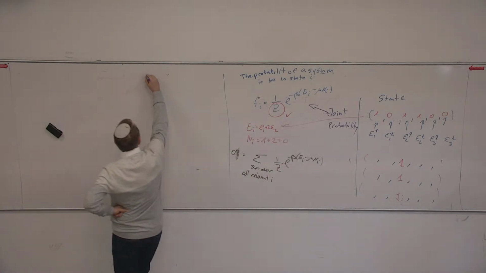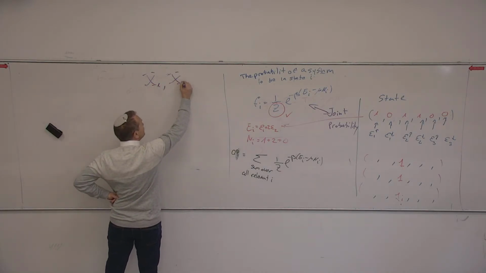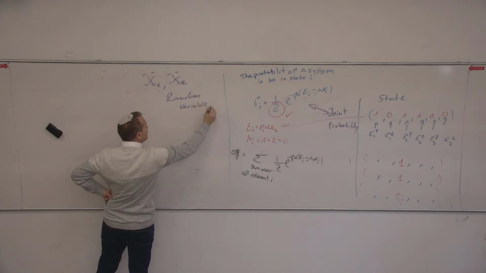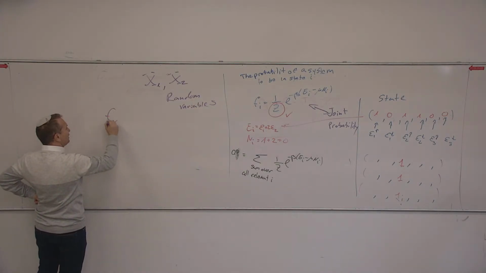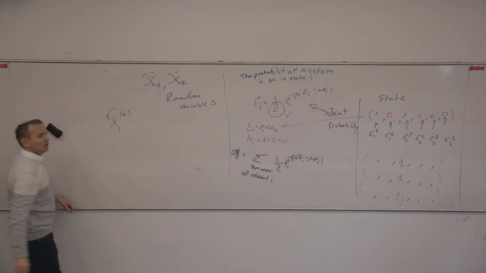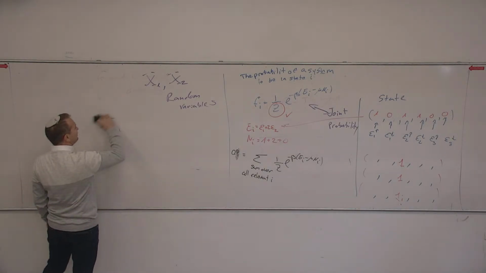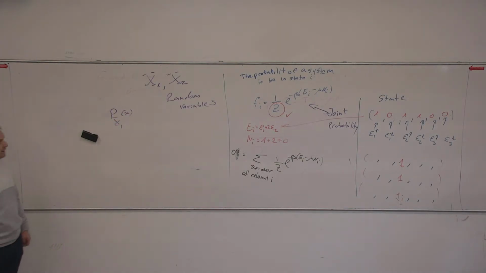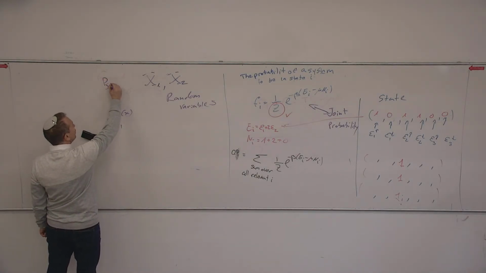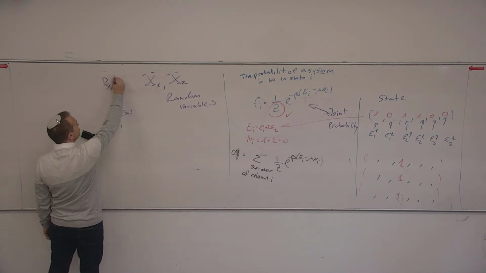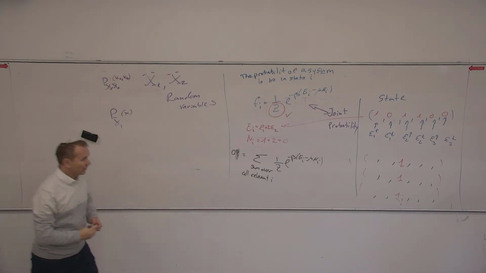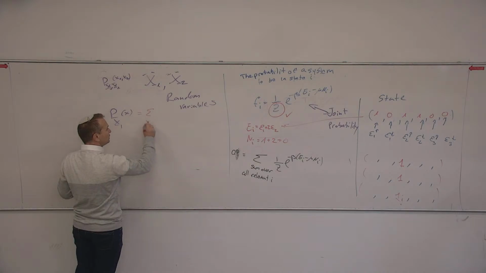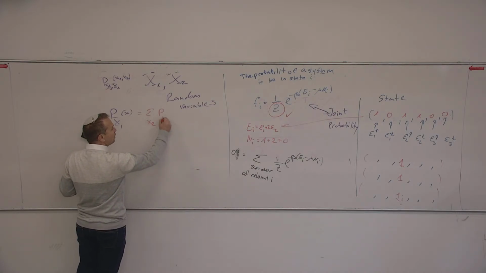I remind you, if I have x1 and x2 random variables, and I want to compute the probability function of random variable x1, and I have a joint probability function of x1, x2, what I do, and this is what I performed over here, I sum up over all the different values of x2 of the joint probability.